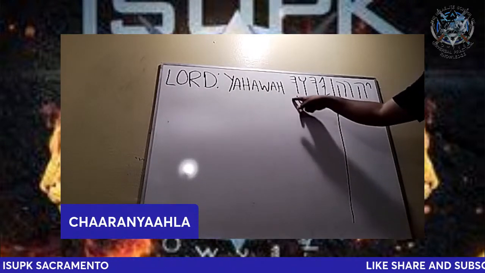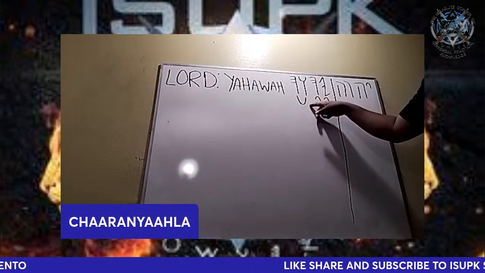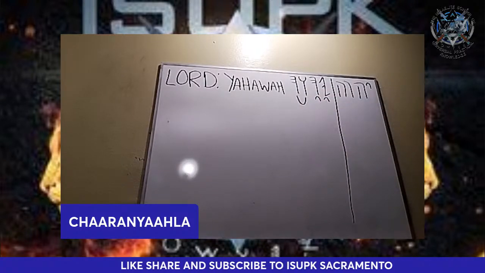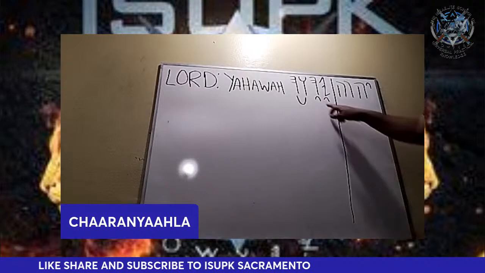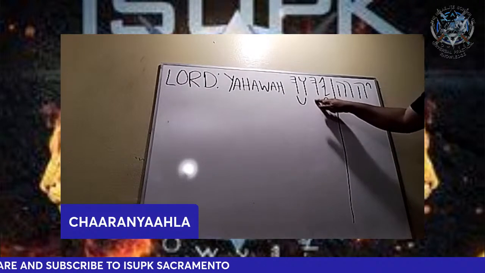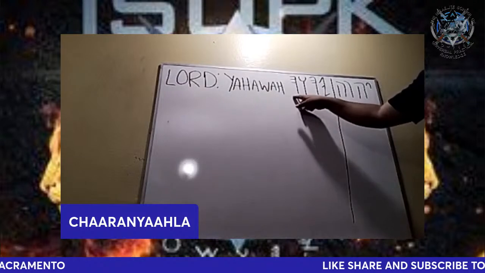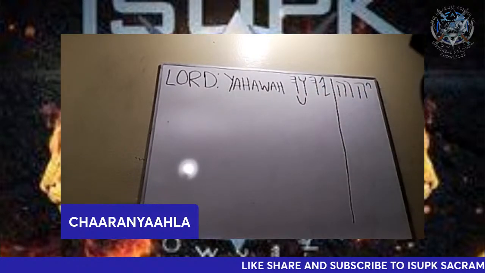But you will see a connector that connects two characters together to mesh their sounds together. So in an ancient Paleo Hebrew book, the Lord's name, Yahweh, would be written like this: Yah, Ha, and then Wah. The Y and Ha characters connect.